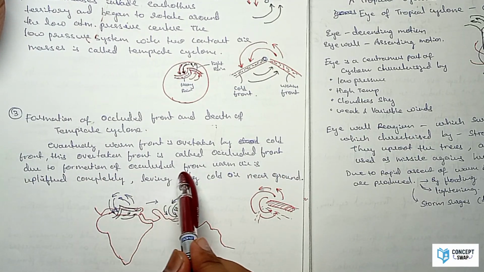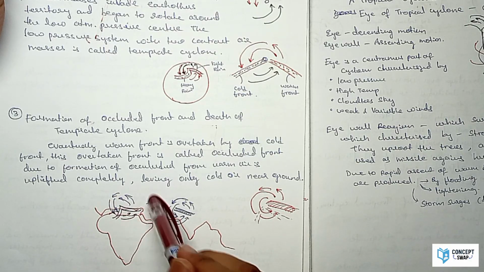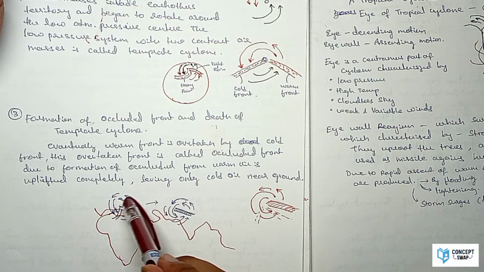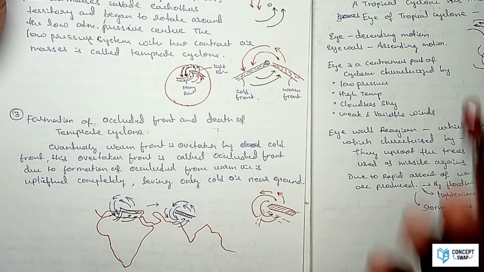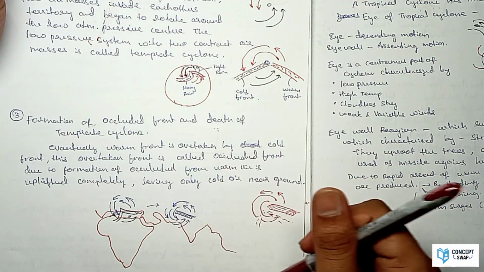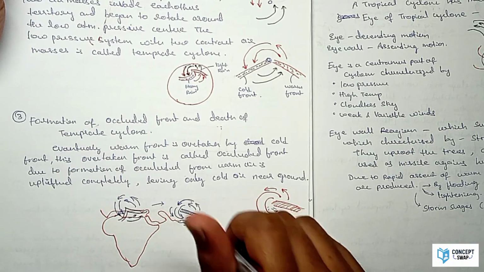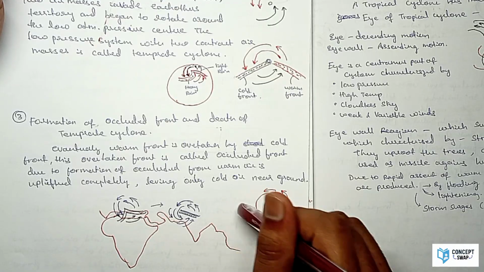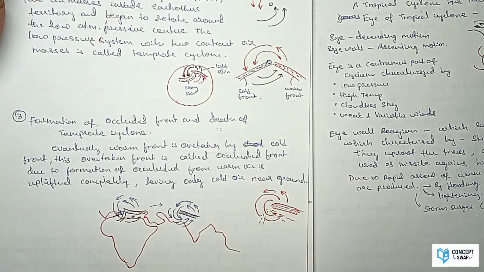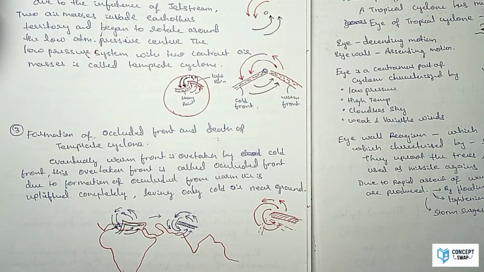Due to the formation of the occluded front, the warm air is uplifted, like in the Mediterranean region, leaving only cold air near the ground. The warm air is uplifted and carried towards this. Actually, this makes the western disturbance. This is the main reason why North Indian people have rainfall. This is the western disturbance. In further classes, I will discuss more about this.